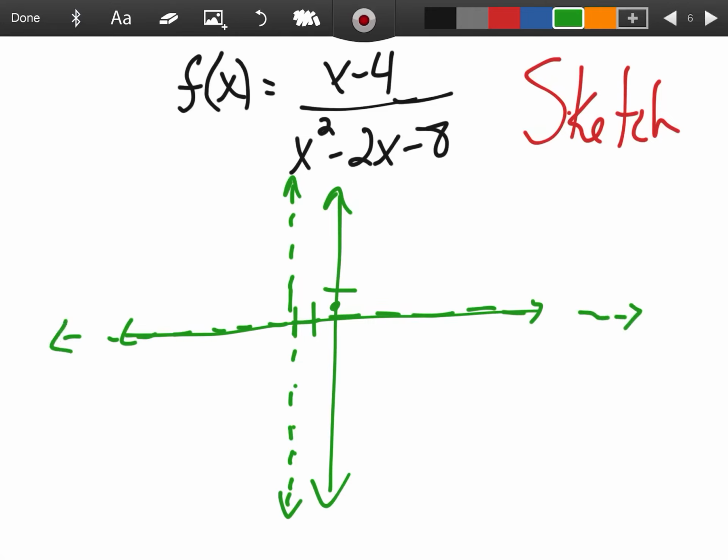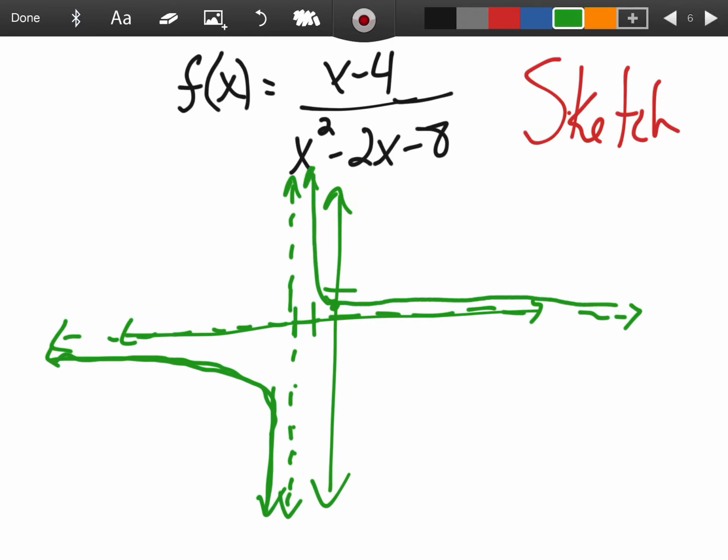It's just the x-axis. All right, as I approach negative 2 from the left, I'm going down to negative infinity. And then as I go to negative infinity, it curves and goes that way. All right, that's not a great curve. It really should be more curved. And then as I approach negative 2 from the right side, I'm going up to positive infinity.